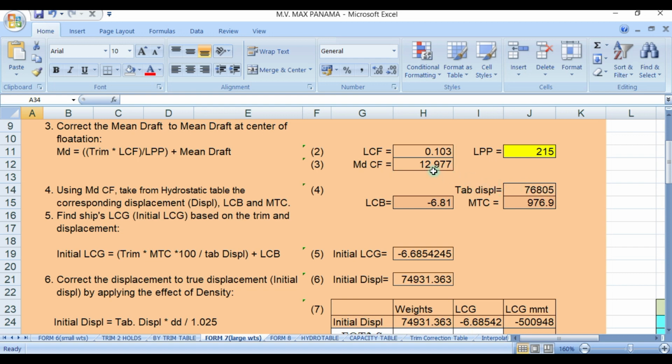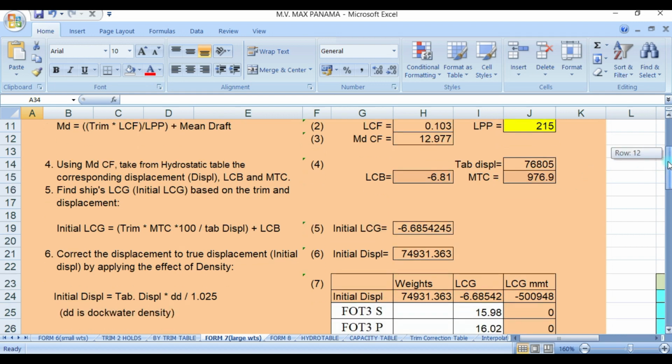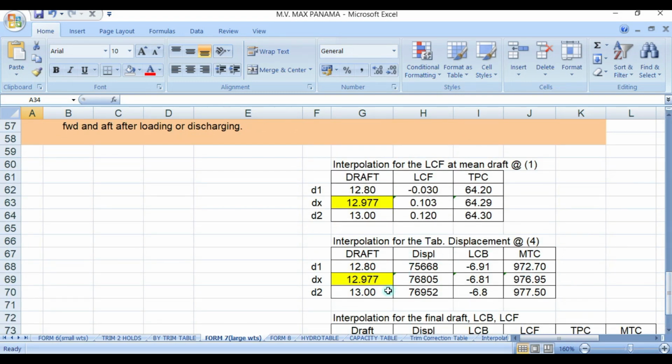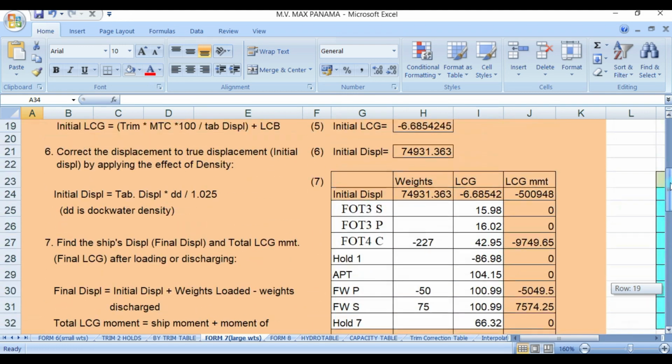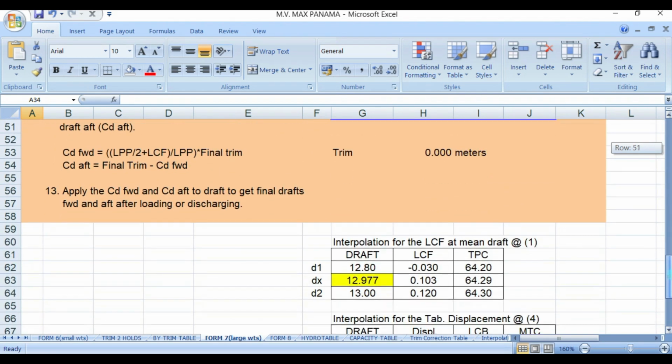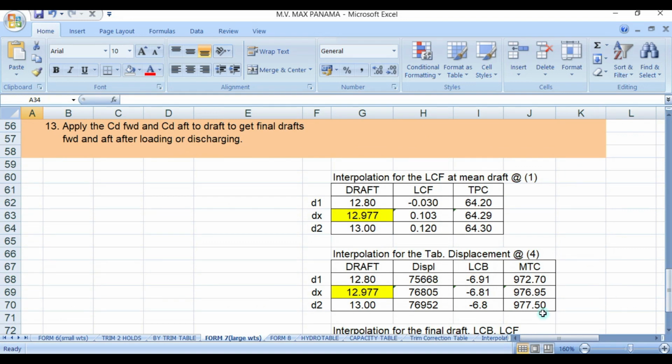What is the displacement of 12.977? Displacement is 76805. Your LCB is negative 6.81.